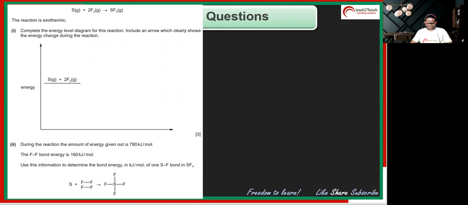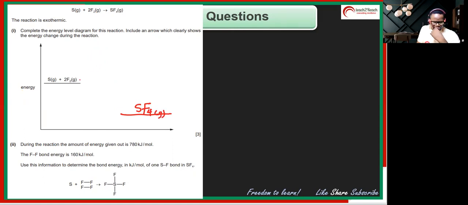For the first one, I said we should complete the energy level diagram, so I've already done that one. To complete this energy level diagram, the products will be below, so that makes it exothermic. So you have your SF6 gas, right?